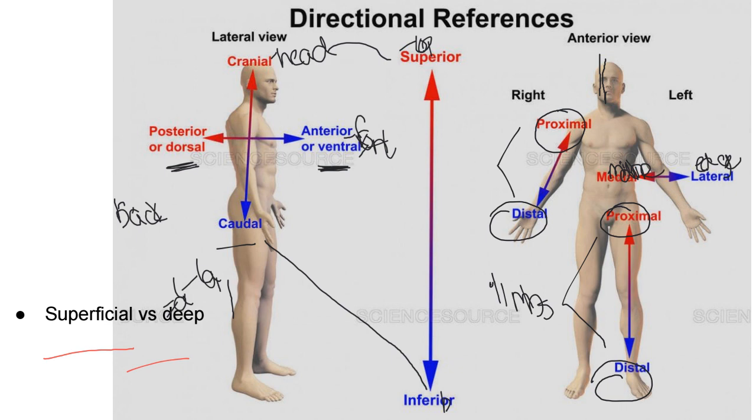Or we have the thigh. So this part of the leg right here, the thigh, is inferior to the abdomen. Right? It's further down than the abdomen. Or the chest. So the chest right here. The chest is medial to the shoulder. It's closer to the midline than the shoulder is.